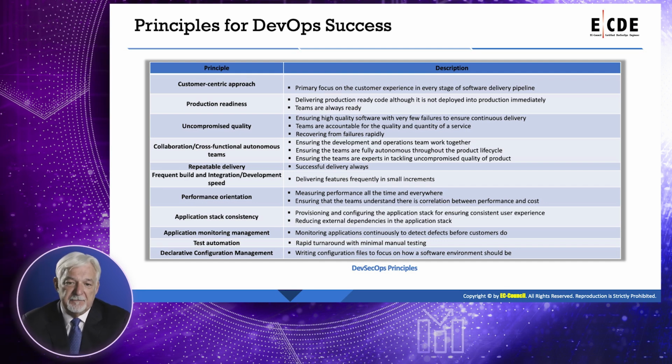With test automation, we want rapid turnaround with minimum manual testing. There's a place for manual testing, but we want to automate as much as possible. For declarative configuration management, when writing configuration files we really want to focus on what the environment's supposed to be and what we're trying to create here.